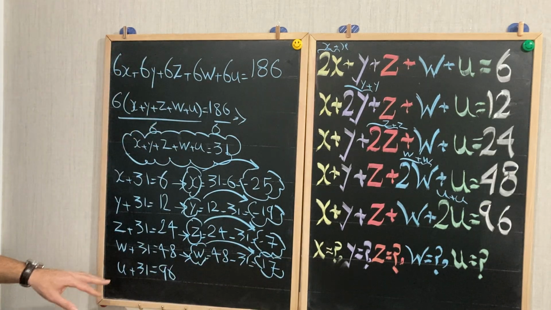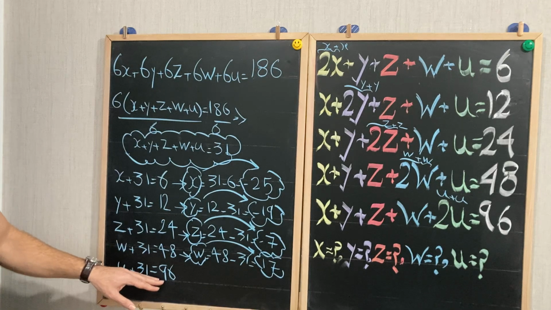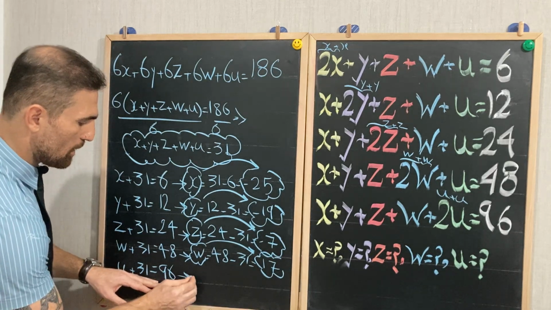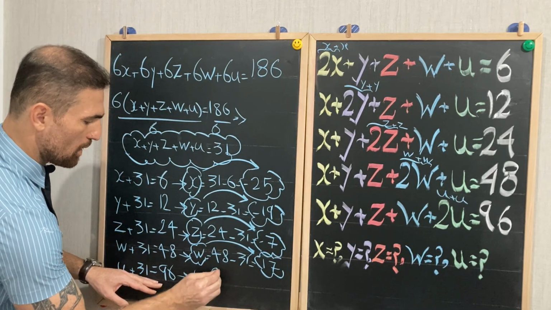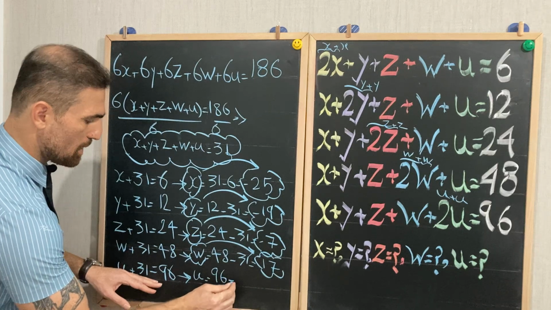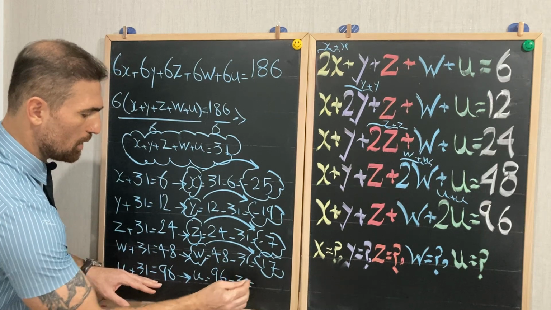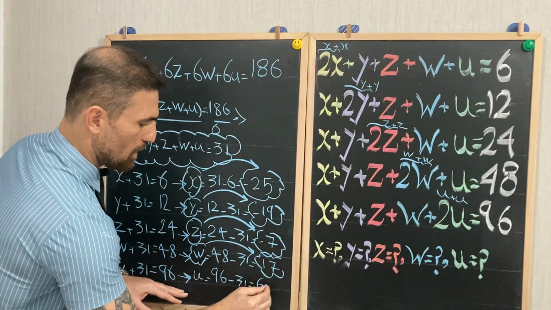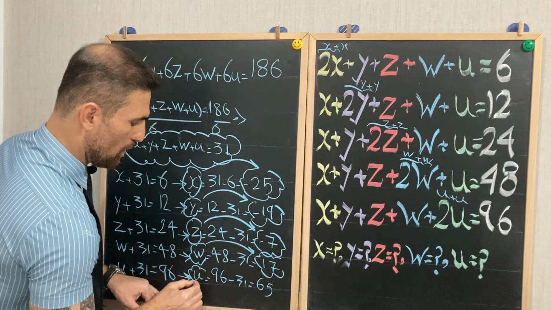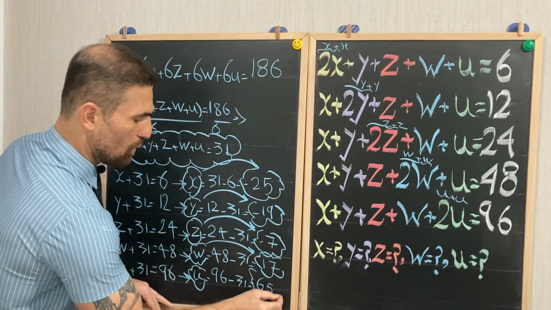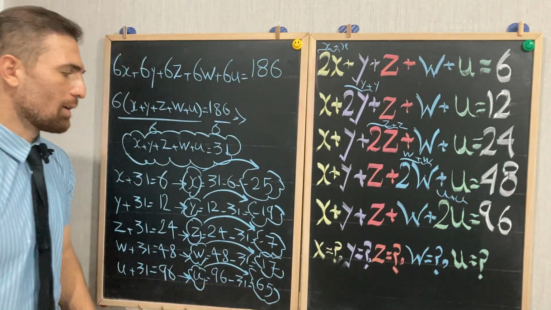And the last one, u plus 31 equals 96. So we can write u equals 96 minus 31 equals 65. Therefore, the value of u equals 65.